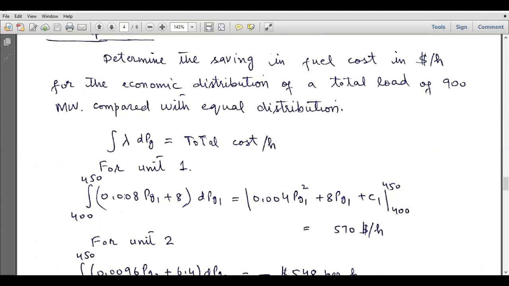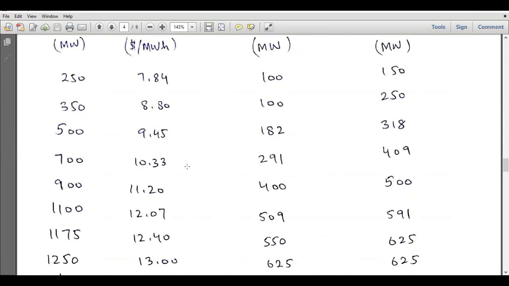For the first generator, this is our lambda, and initially we had applied 400 megawatt to the first unit when we had a total loading of 900 megawatt. So this is 900, this is PG1 and this is PG2. Now we are asked to apply equal loads on both the units. So it will be 450, this will also be 450.